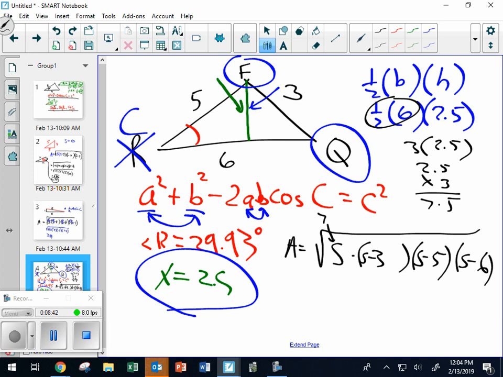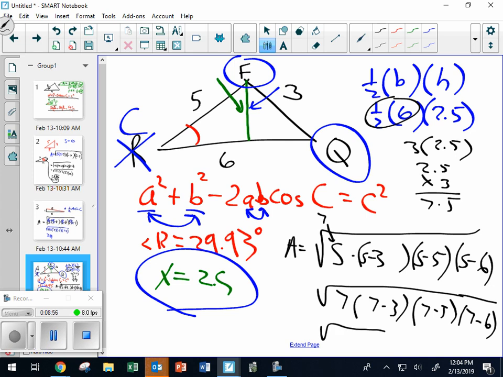S being the semi-perimeter. So, square root of 7, 7 minus 3, 7 minus 5, and 7 minus 6, which is square root of 7 times 7 minus 3 is 4, times 7 minus 5 is 2, times the last one's just a 1, so that doesn't do much.